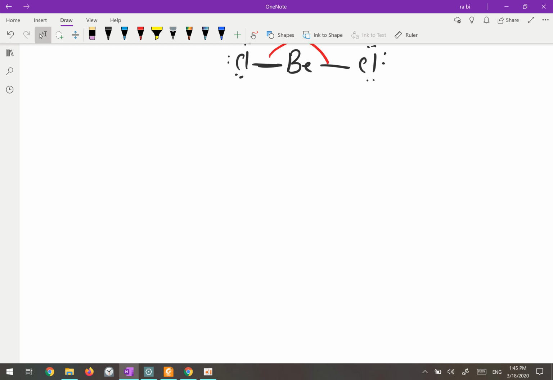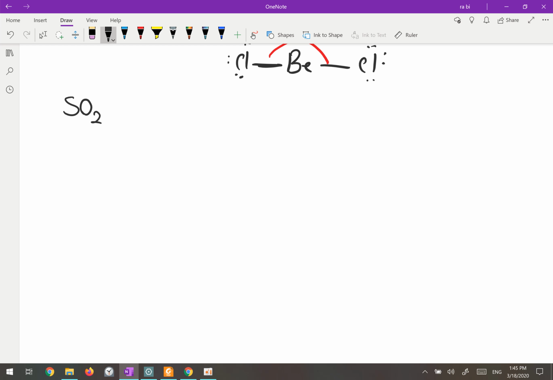The next molecule is SO2, sulfur dioxide. Sulfur dioxide has 2 resonance structures. We said for some molecules, only one Lewis structure cannot represent the molecule very well. So we have several Lewis structures, and the real structure of the molecule is an average of all of these structures, which we call resonance structures.